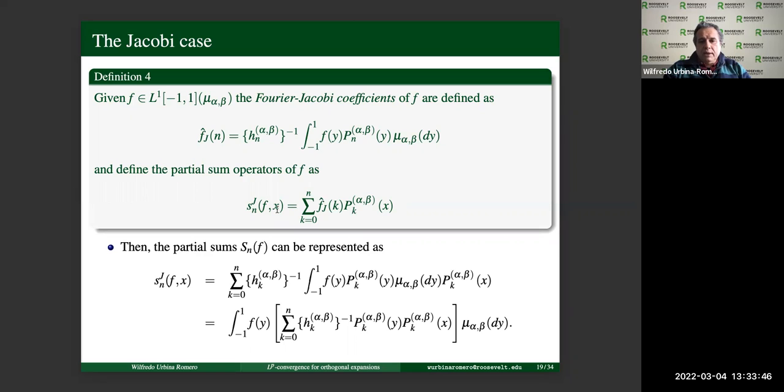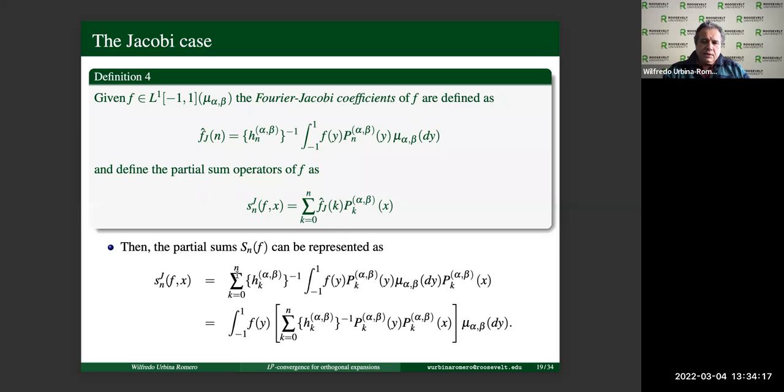And what you want is to see if you can say something with a similar trick to the one you used in the case of Fourier series. Well, doing exactly the same trick, you replace the Fourier-Jacobi coefficient here, and again this is a finite sum.